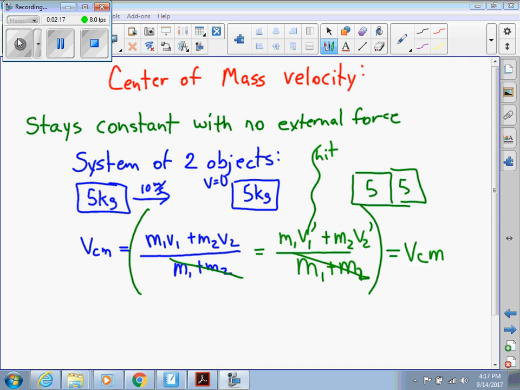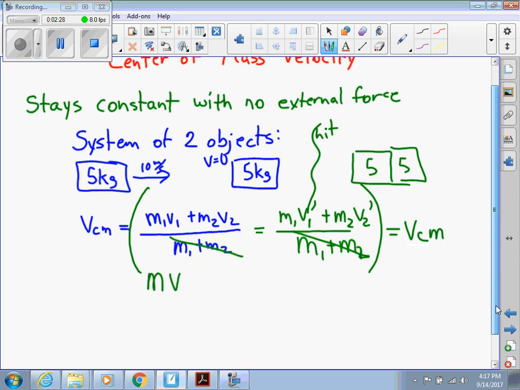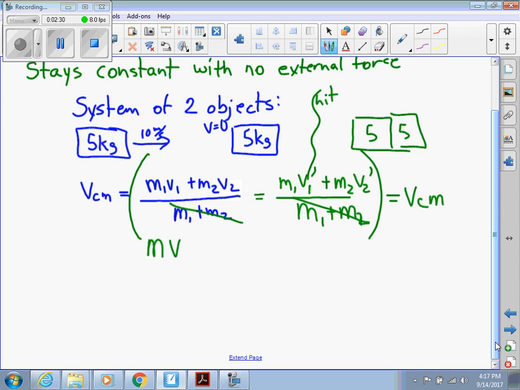Momentum is mass times velocity, and by mass we mean the inertia, and V stands for velocity, and this quantity is known as momentum.